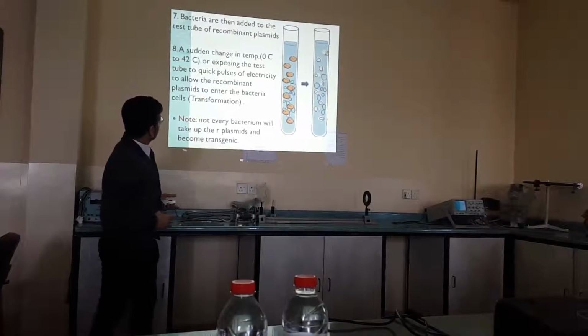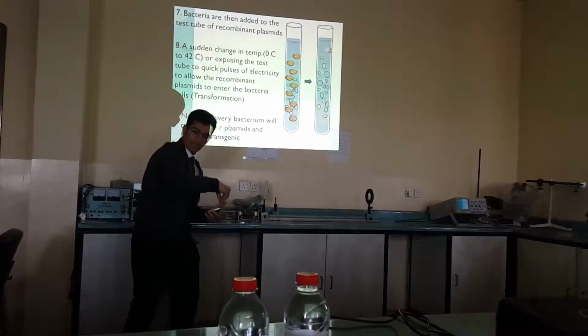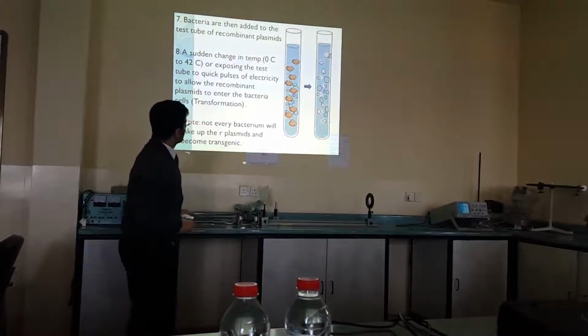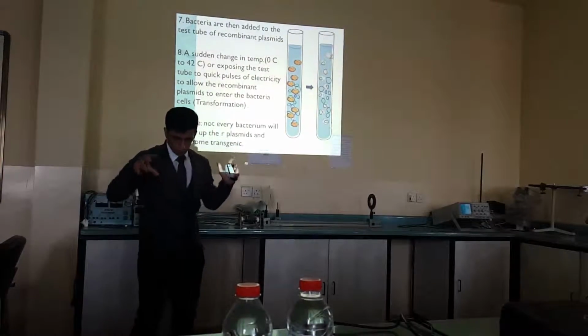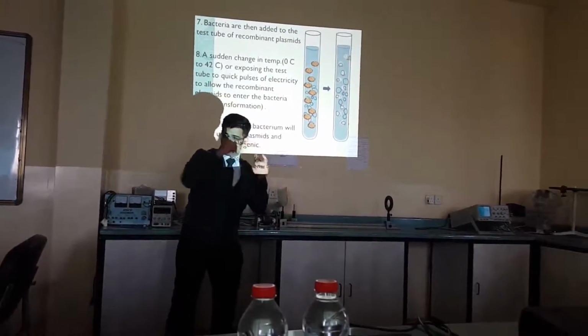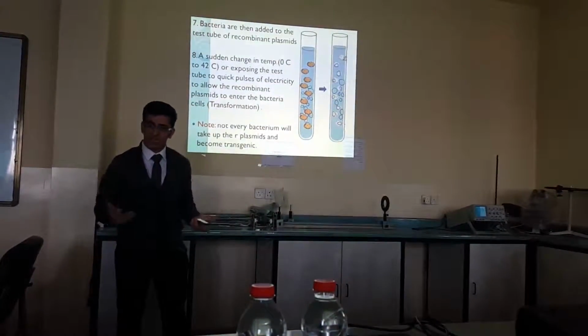Then we get bacteria and move them to the tube of recombinant plasmids. Then we need to put the recombinant plasmids into the bacteria by a process called transformation. But how is this transformation done?